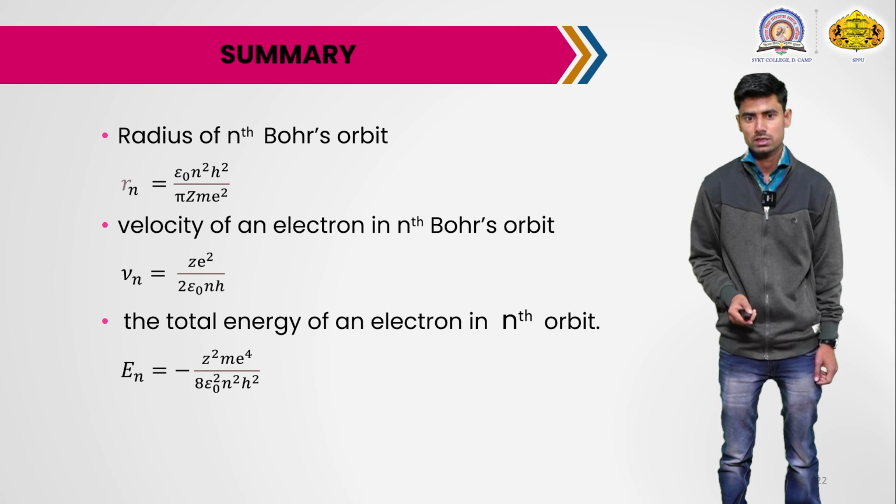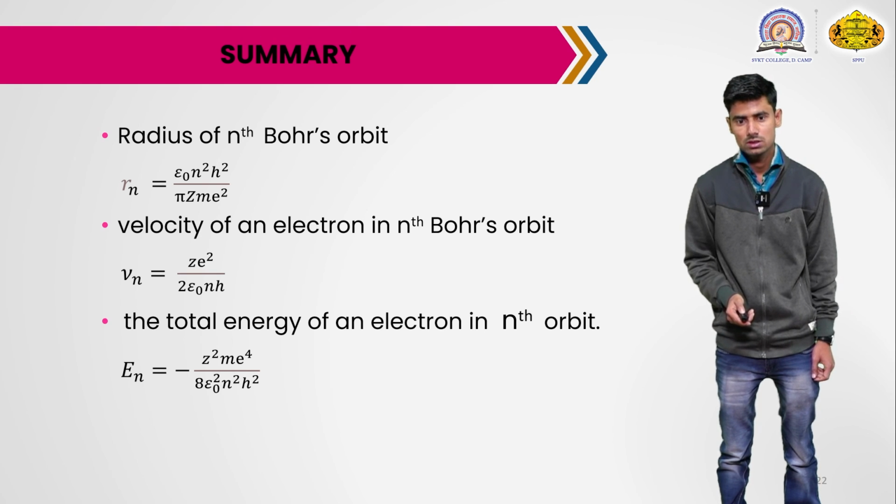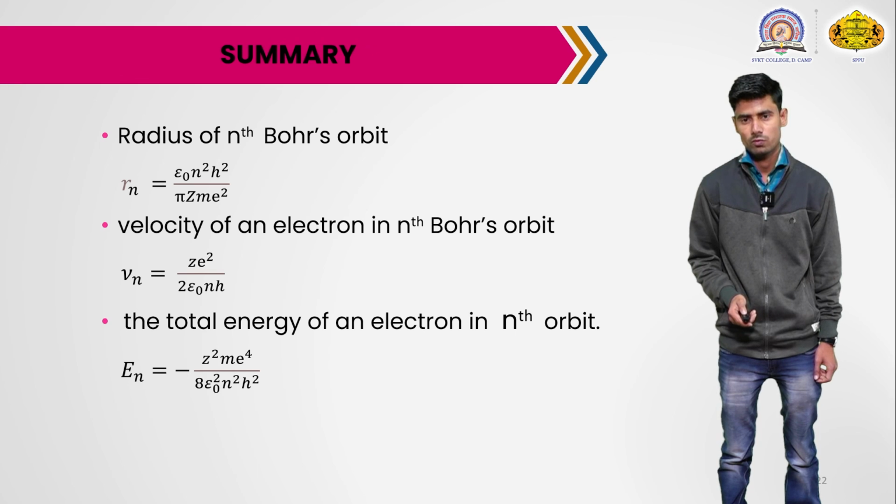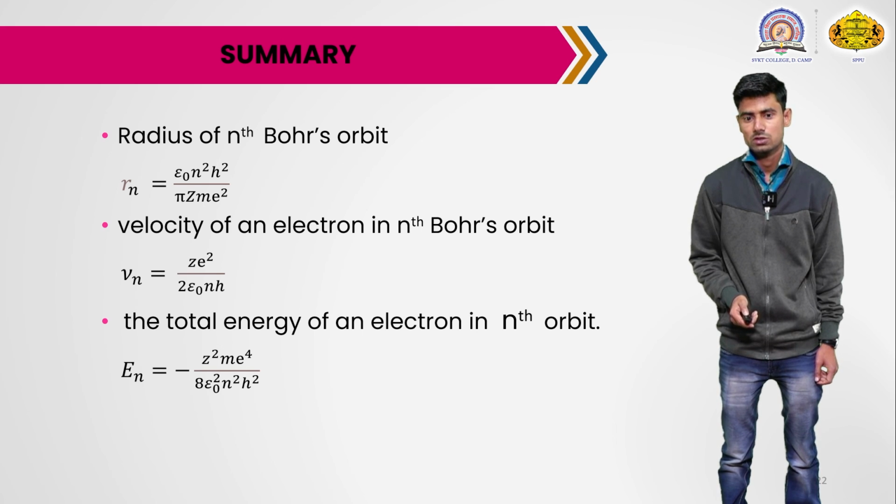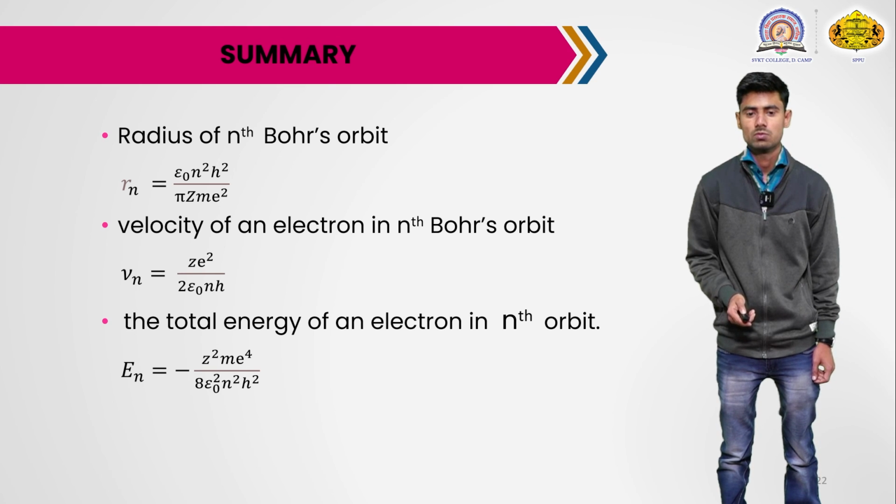Now let's take the highlights of what we have seen in this lecture. We have found the formula for the radius of the nth Bohr orbit. We have also derived the formula for the velocity of the electron in the nth Bohr orbit, and we have written an expression for the total energy of the electron in the nth Bohr orbit.